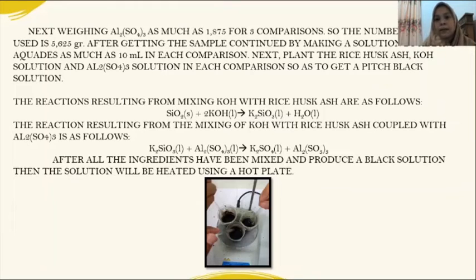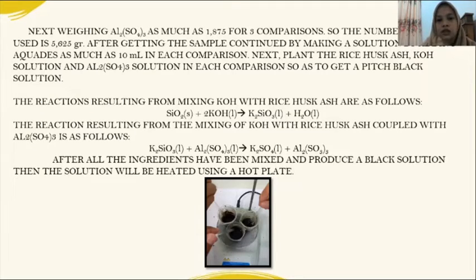Next, blend the rice husk, KOH solution and aluminum sulfate solution in each comparison so as to get a pitch black solution.